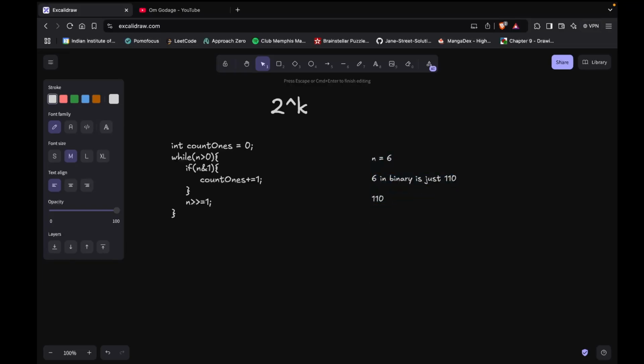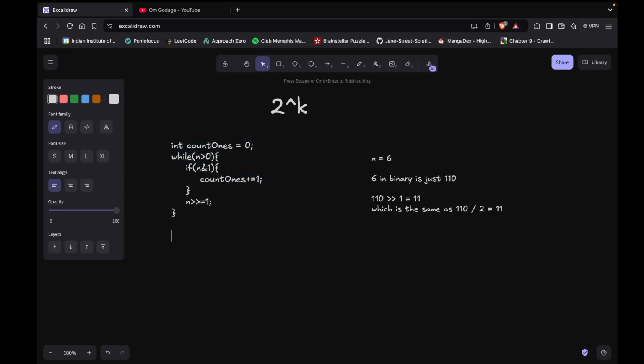When you do this, you will get rid of this bit and move all the bits to the right, so you will be left with this, which is the same as 110 divided by 2. This will also give you the same answer. Yeah, so this is the easiest solution.